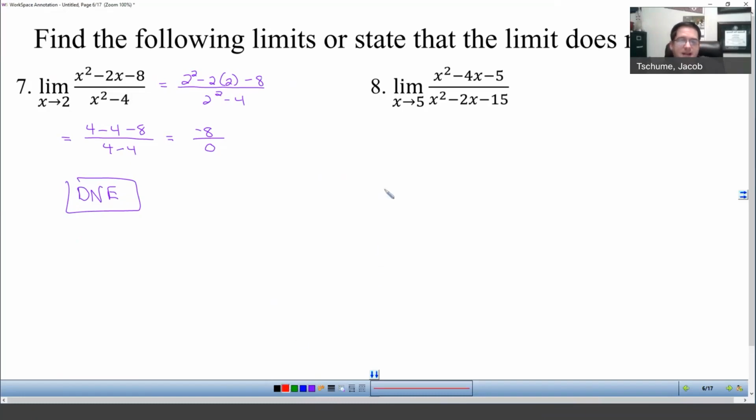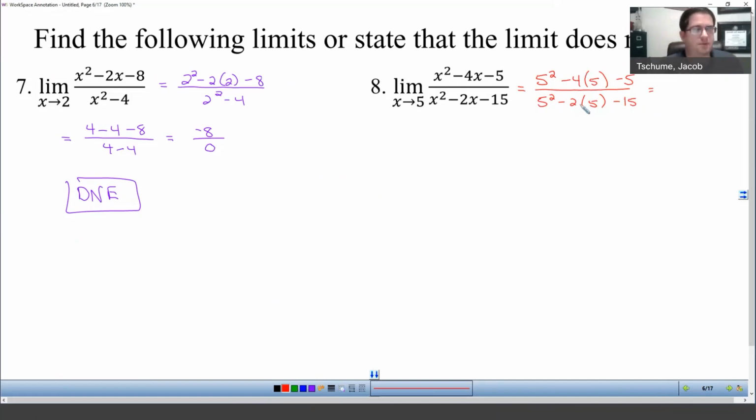Now looking at number 8, if you have the limit as x approaches 5 of x squared minus 4x minus 5 over x squared minus 2x minus 15, let's try to do the same thing here. If I plug 5 into all of the x's here, this would be 5 squared minus 4 times 5 minus 5 over 5 squared minus 2 times 5 minus 15.